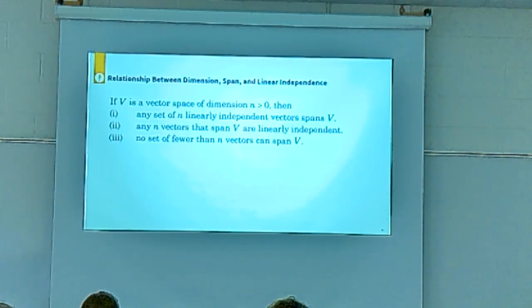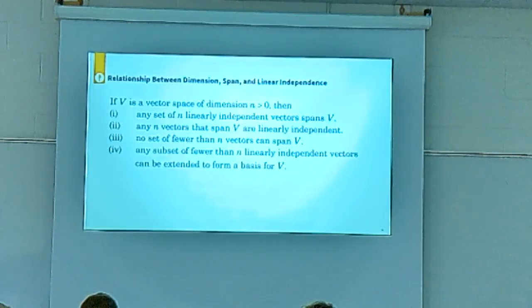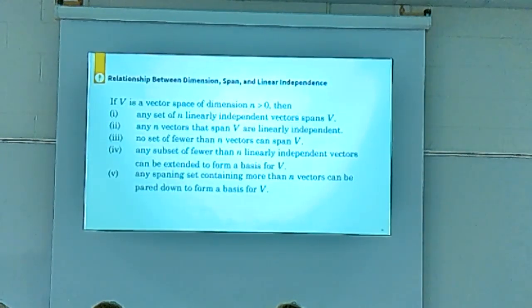Any subset of fewer than n linearly independent vectors can be extended to form a basis. That's pretty important, as is the next one. Any spanning set that contains more than n vectors can be pared down to form a basis.